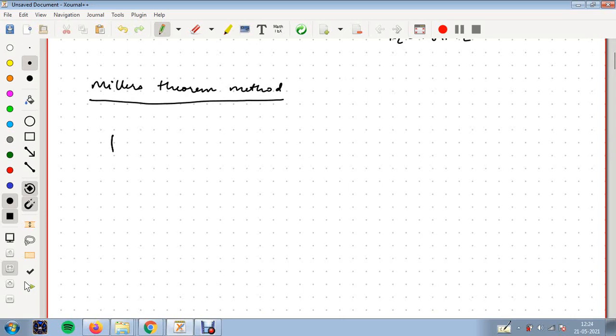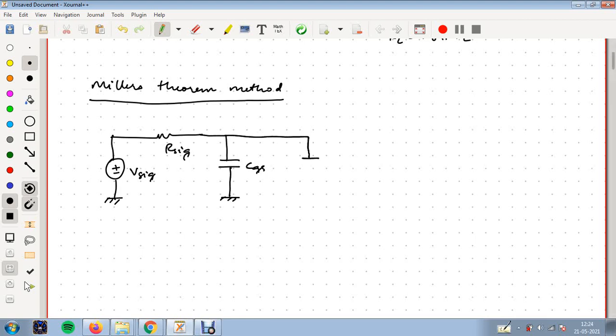This circuit diagram I have slightly changed. V signal, ground, R signal, then you had CGS here, and here you had another capacitance replacing that CGD.